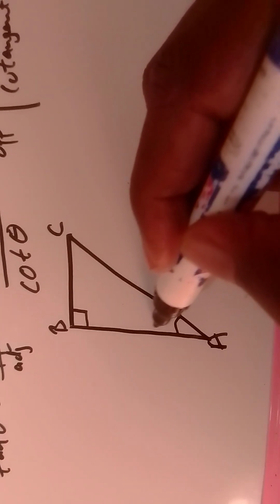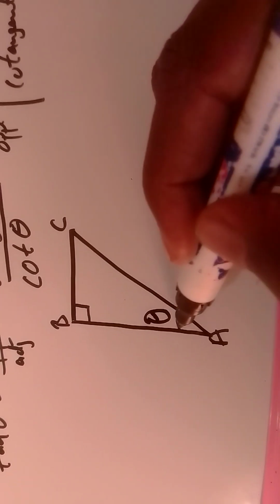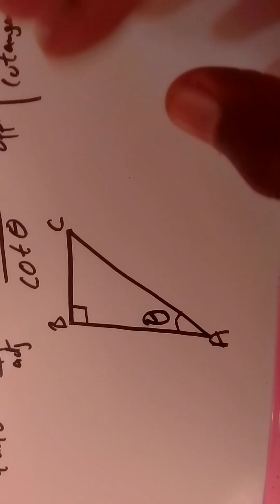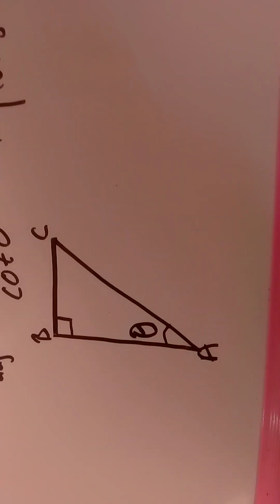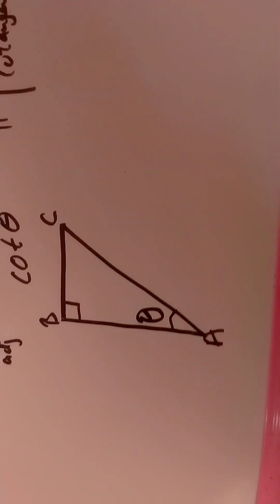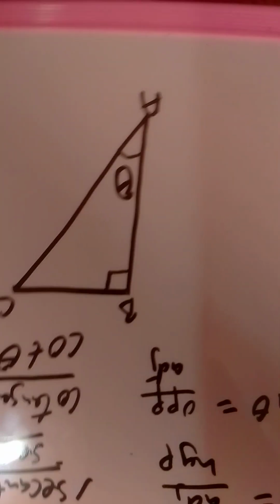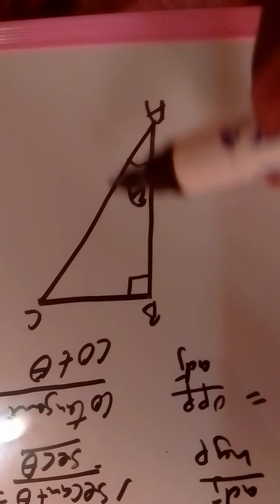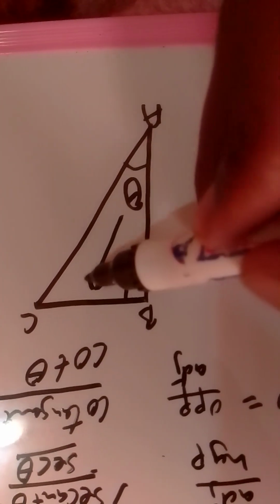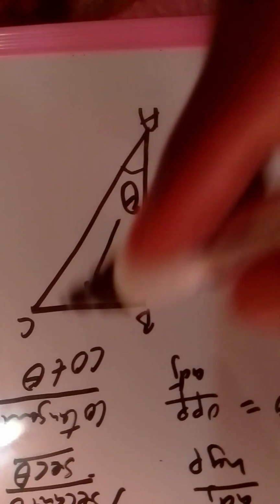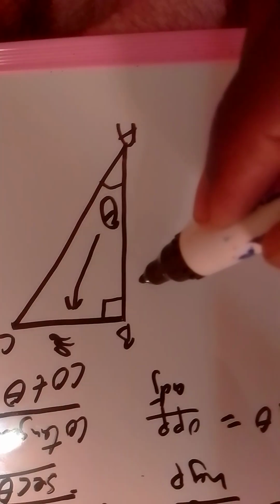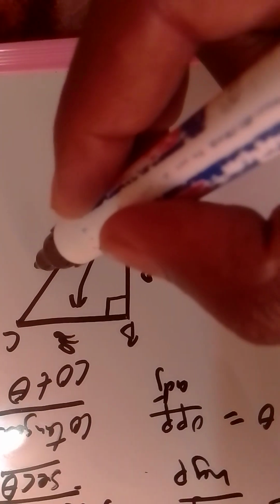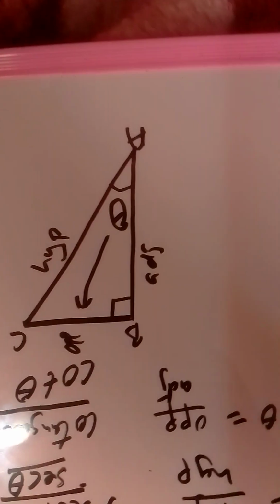And this angle A is where we have our theta. One thing I always say: when you're in an examination of trigonometry or Euclidean geometry, please do not be scared to rotate your paper so that things can make sense. If I rotate like this, it becomes easier to recognize the opposite side based on the angle in question. This is the opposite. AB becomes my adjacent, and obviously this is my hypotenuse.